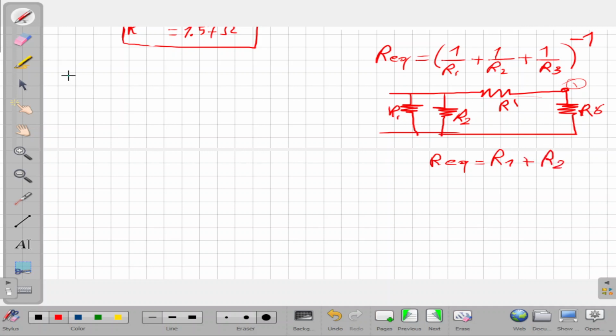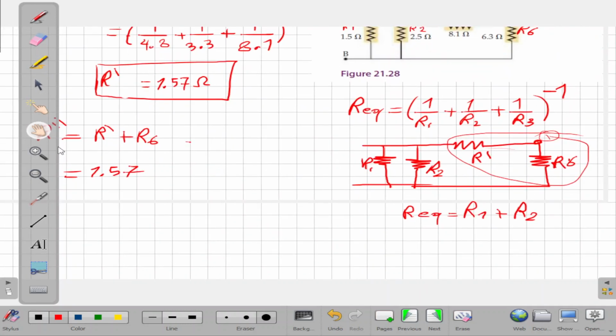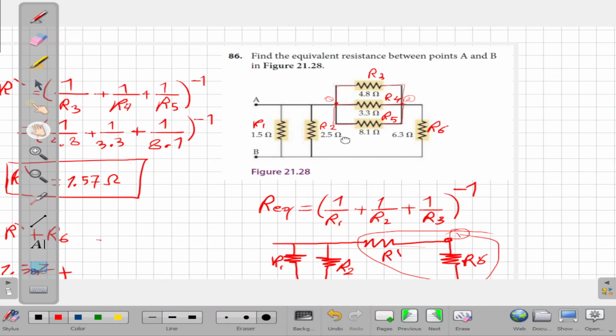So the equivalent resistance R double prime, of this group of resistors, is equal to R prime plus R6, which is 1.57 ohm, as we already calculated, plus R6, which is 6.3 ohm.